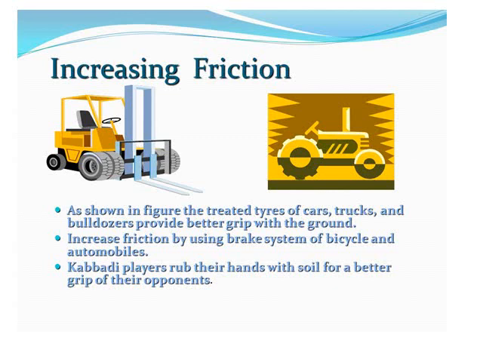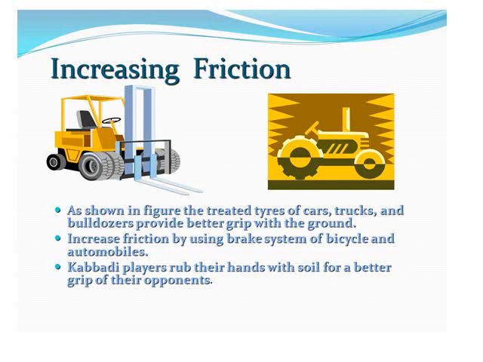Friction is increased by using the brake system of bicycles and automobiles. Kabaddi players rub their hands with soil for a better grip of their opponents. So the tires are threaded to increase the friction between the ground and the tires.